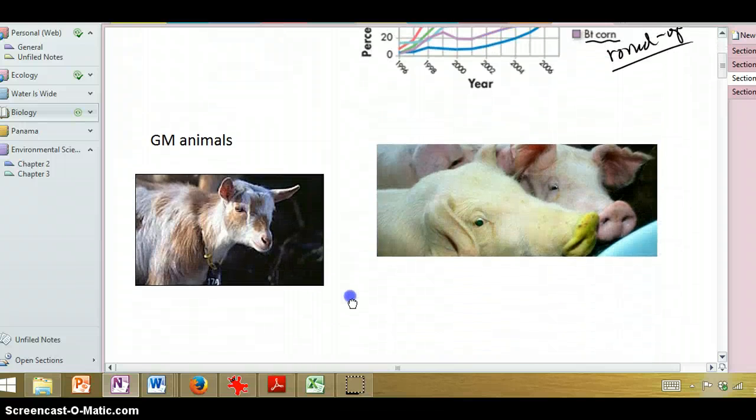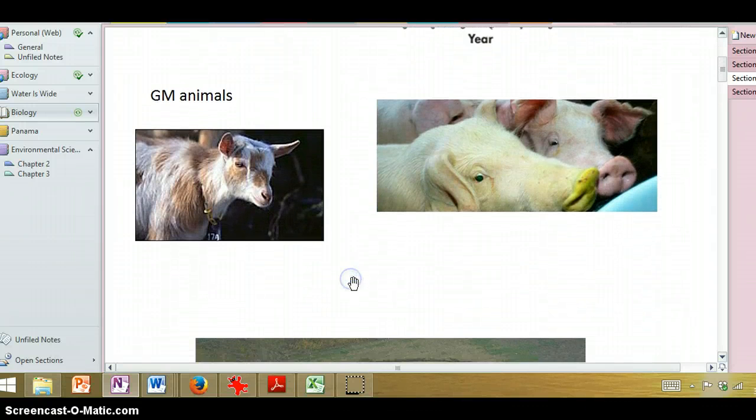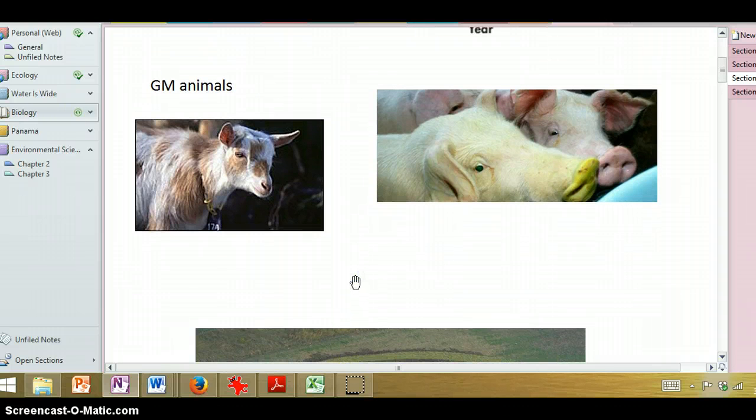Animals have not been modified as much. As I mentioned in previous videos, it's more difficult to carry out the procedure in animals. And some of the examples of this pig, this is sort of just what you would call a proof of concept. It doesn't really give the pig any advantages or benefits really.